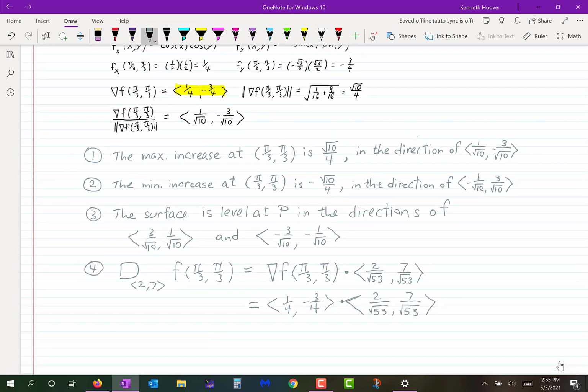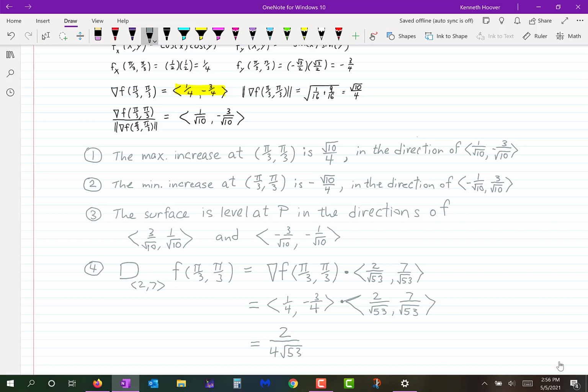What is our answer going to be? 1/4 times 2 over root 53 will be 1 over 2 root 53. Actually, you know what? I'm not going to reduce that fraction. Let's leave it unreduced. I'm going to write 2 over 4 root 53.